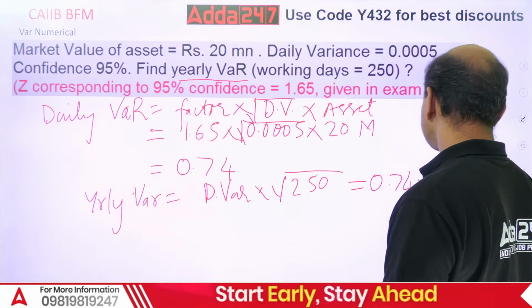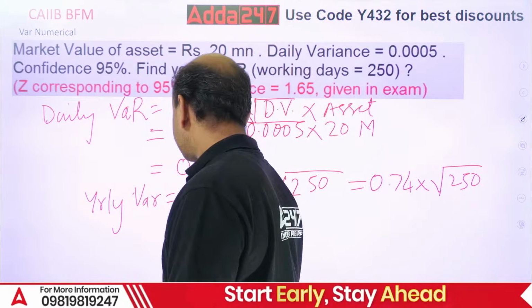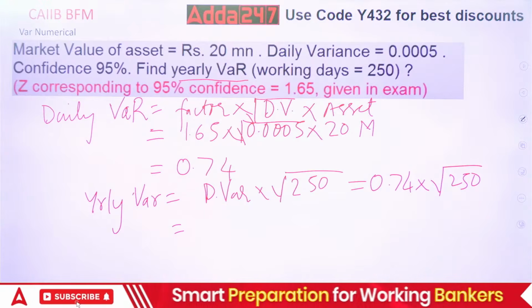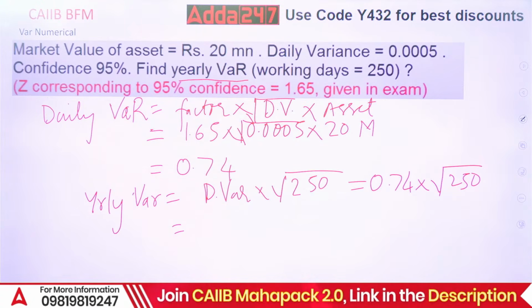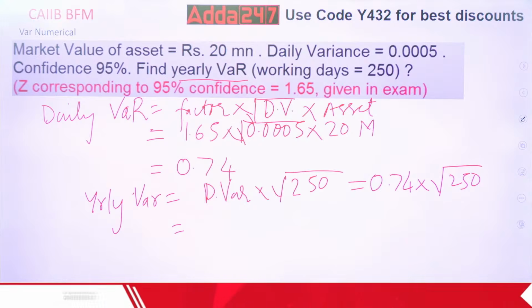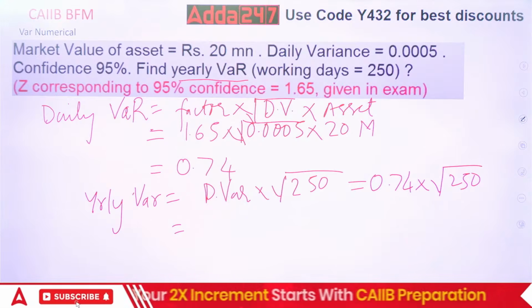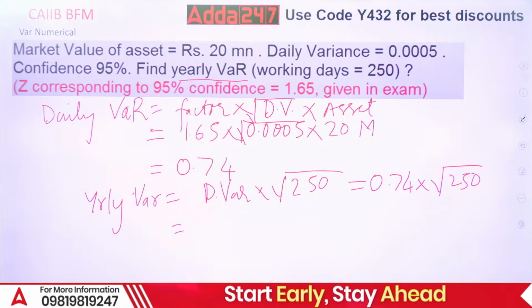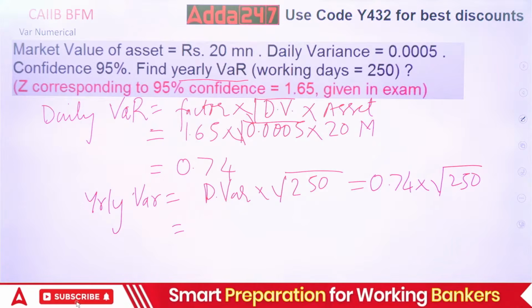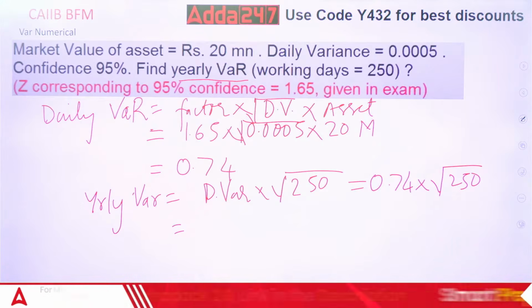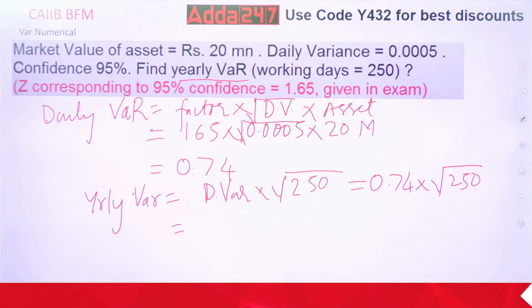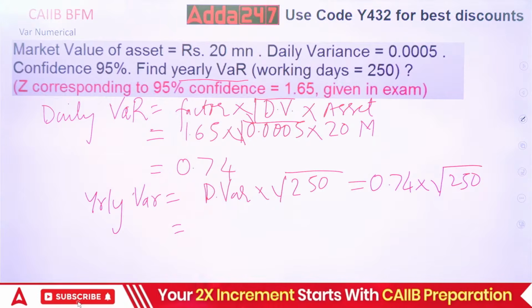Do it, everyone. 0.74 into square root of 250. 0.77 is okay, anything around 0.7 is okay. So now what are you getting? 12.17?